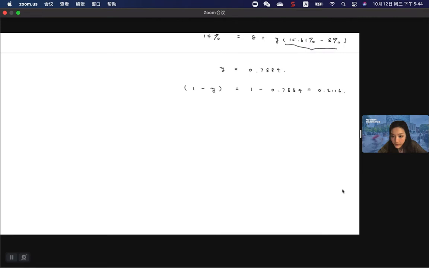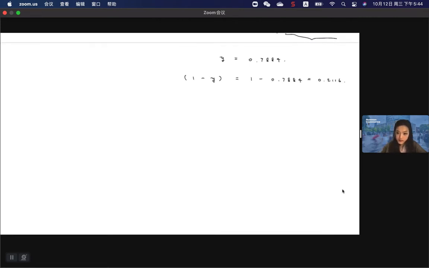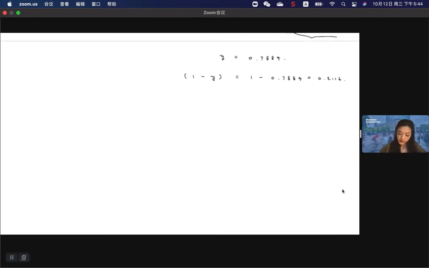And for each of the two risky funds, that is basically the weight of the stock in your portfolio. This should equal 0.7884, the amount invested in the risky portfolio in entirety, times the weight of the stock in the risky portfolio.